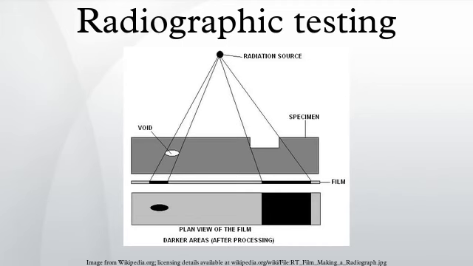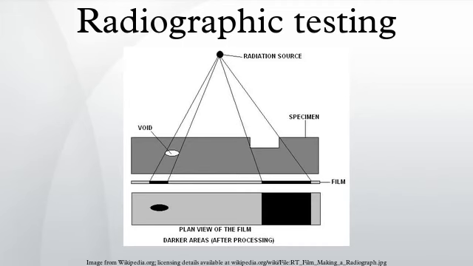ISO 14096-2, Nondestructive Testing, Qualification of Radiographic Film Digitization Systems, Part 2, Minimum Requirements. ISO 17636-1, Nondestructive Testing of Welds, Radiographic Testing.